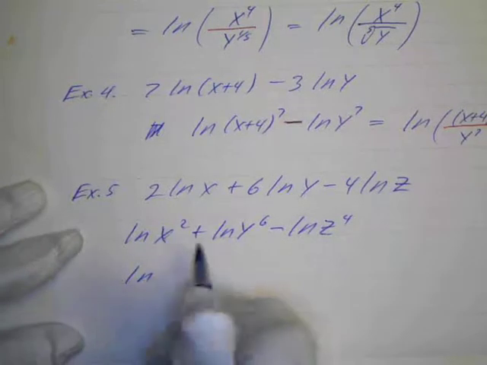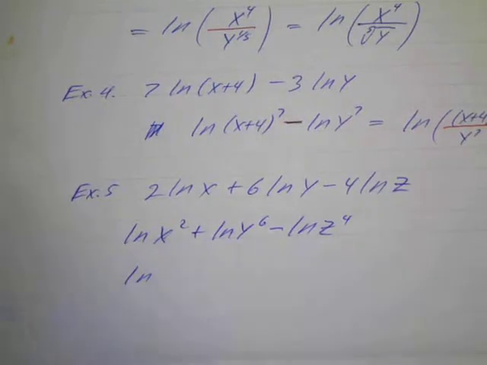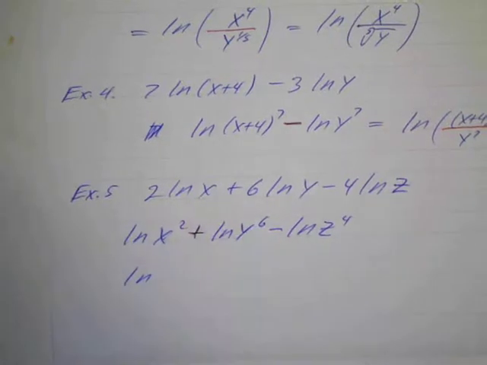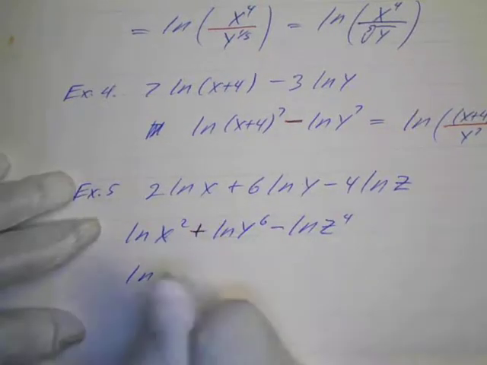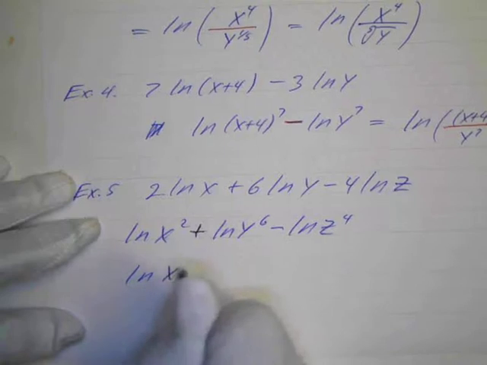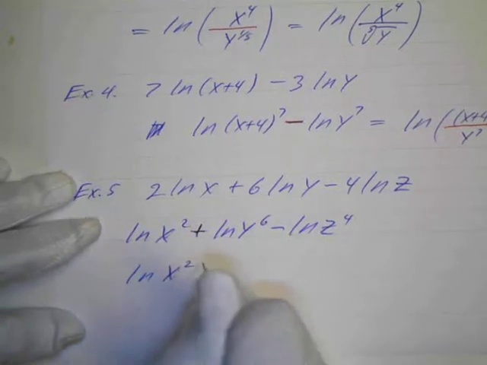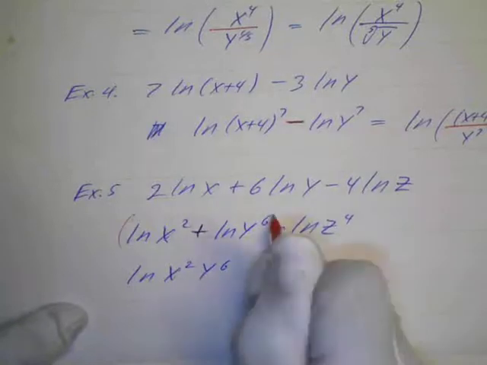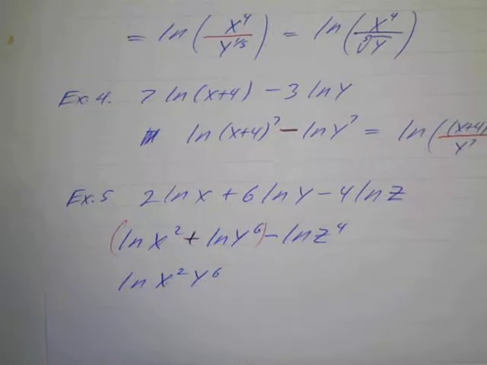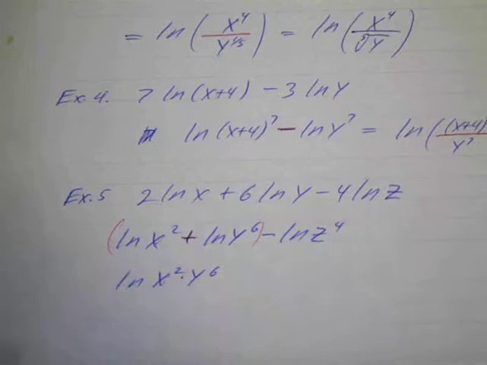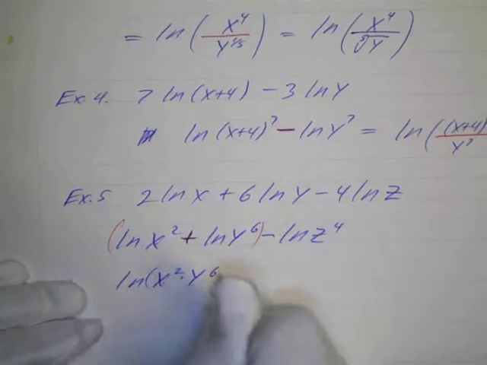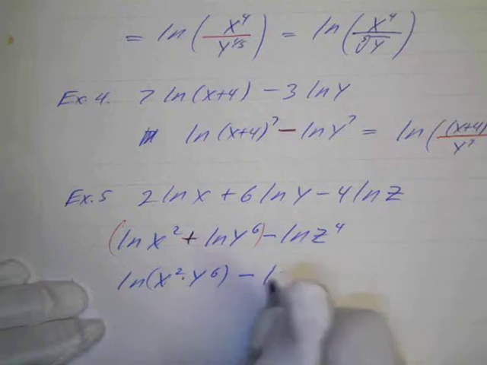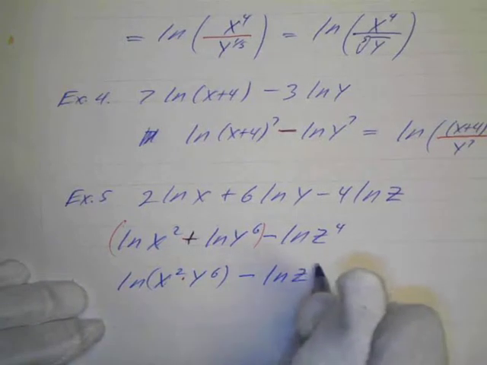Natural log of... So this is going to be a sum here, so I'm just going to do the sum first. That's going to be the natural log of x squared y to the 6th. So it's kind of like I'm doing this first here. And that's going to be my product. And then minus the natural log of z to the 4th.